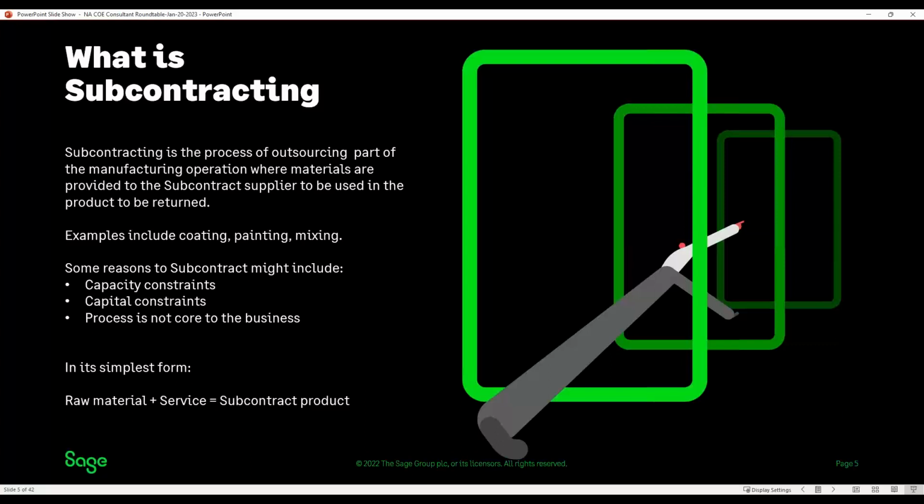Now, in its simplest form, subcontracting within X3 is: we take a raw material, we add a service, and the outcome is the subcontracted product. When I'm talking to a customer about this, in terms of explaining what a subcontract product is, I basically hold up my pen and say, my pen is the raw material.